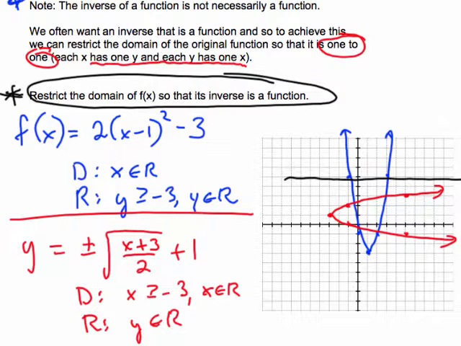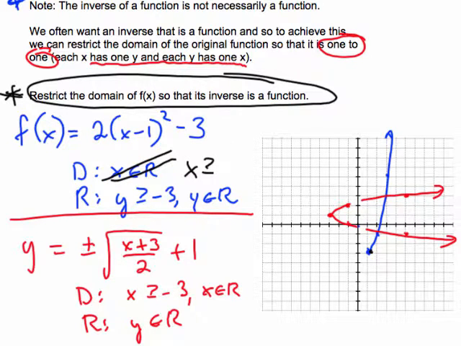So what we basically have to do in this case is take away from the vertex either half of the graph. So I'm going to simply erase the left side of the graph. And so I'm changing my domain from all real numbers to x is greater than or equal to 1. And that's obviously going to change the range on the inverse to be y is greater than or equal to 1.